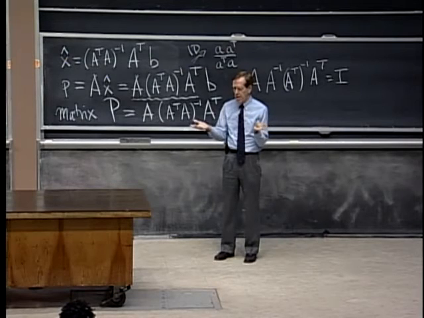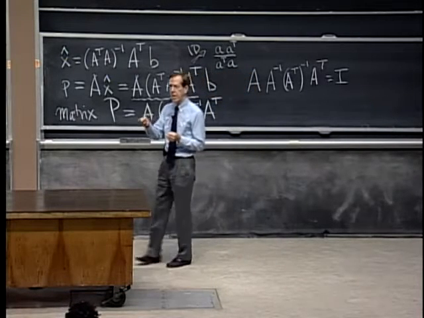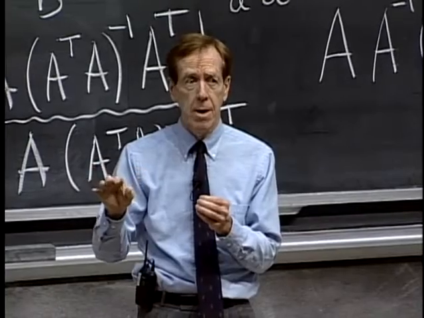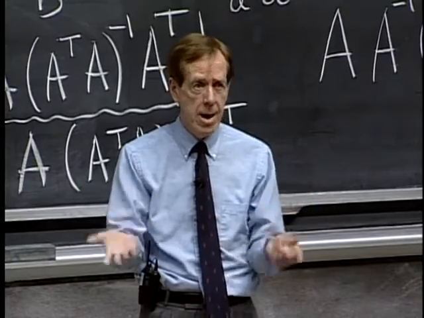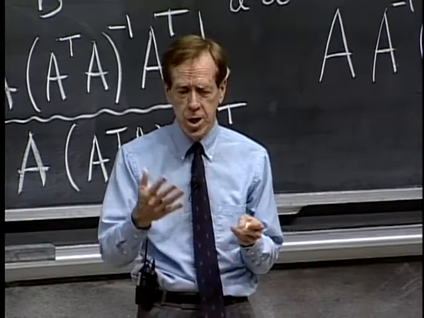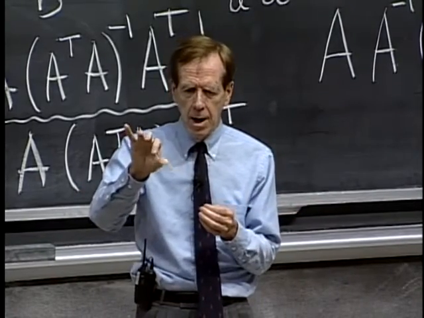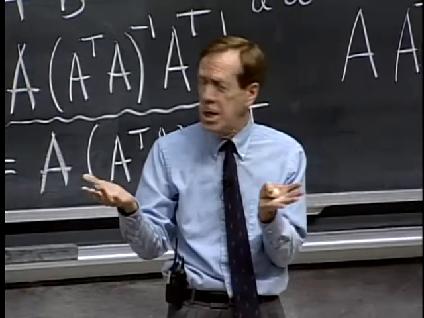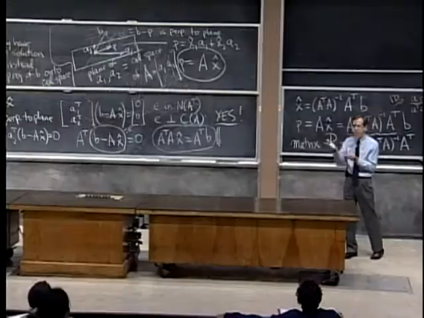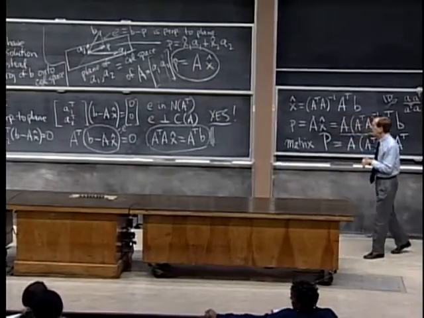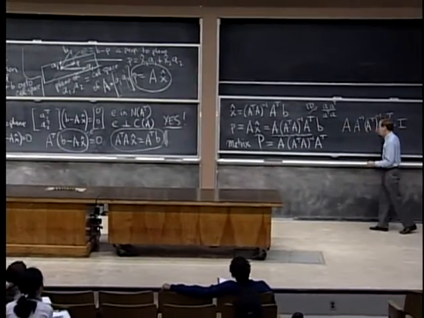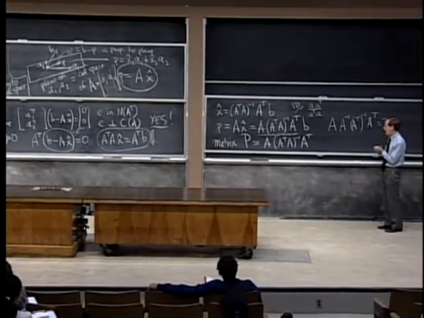The whole of Rn. So what's the projection matrix if I'm projecting onto the whole space? It's the identity, right? If I'm projecting b onto the whole space, not just onto a plane, but onto all of 3D, then b is already in the column space. The projection is the identity, and this gives me the correct formula, P is I.